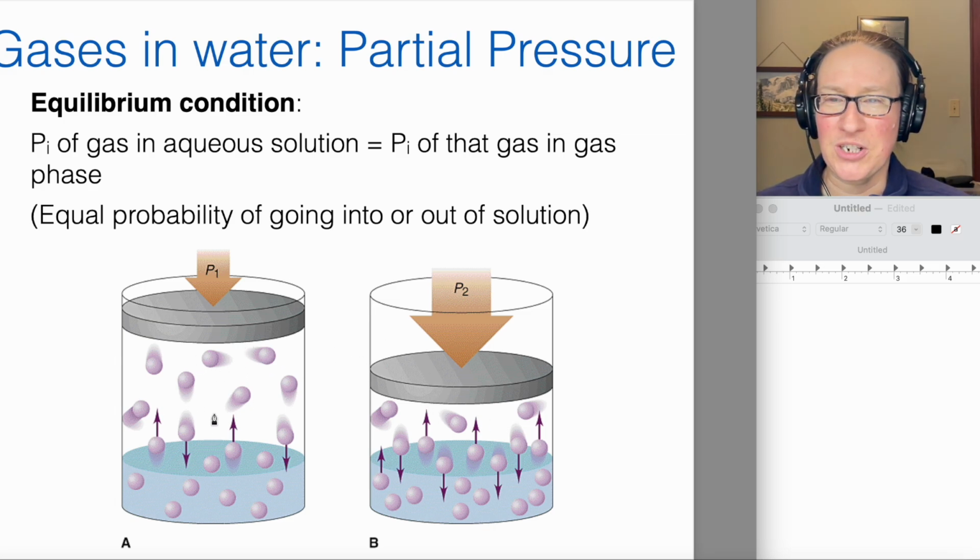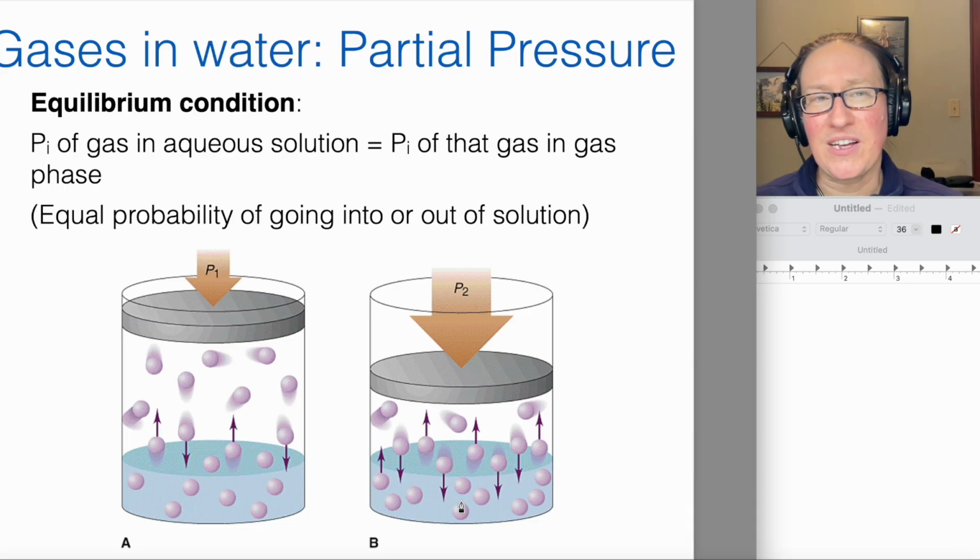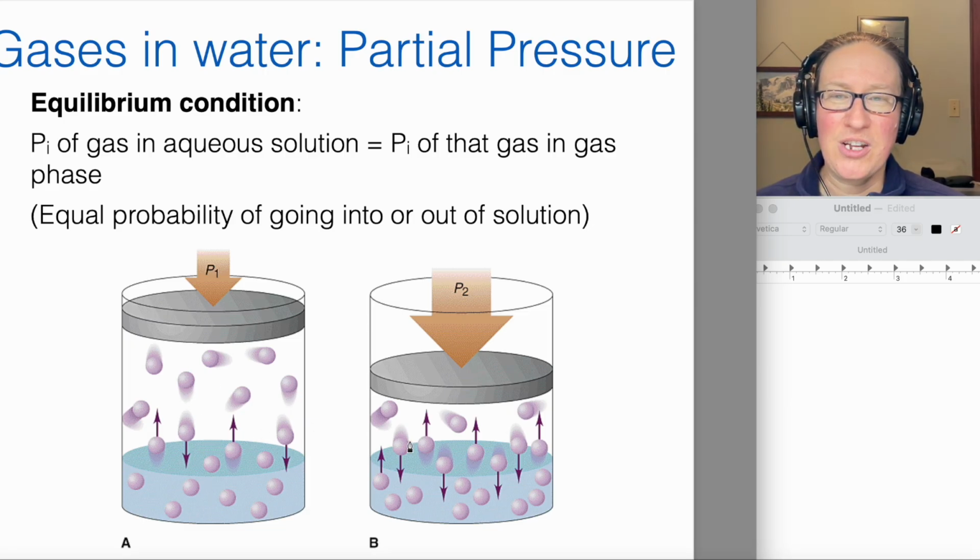Whatever the partial pressure is of the gas in the gas phase in container number 1, we define the same partial pressure in water, and same thing for container number 2. Whatever the partial pressure of air is here, same partial pressure within water. And this simply reflects the point that any gas molecule under equilibrium conditions has an equal probability of going into or out of solution.